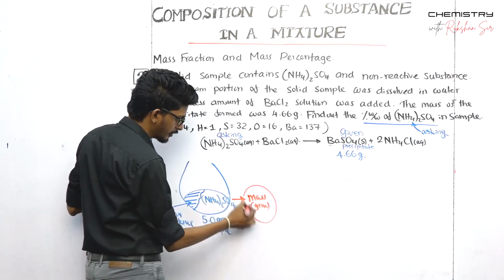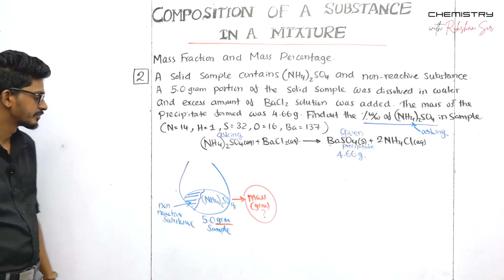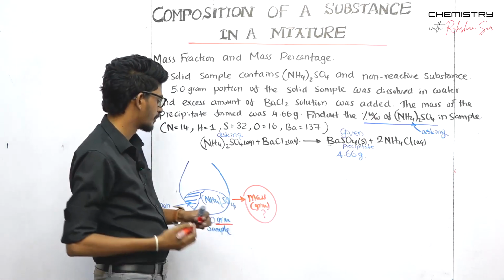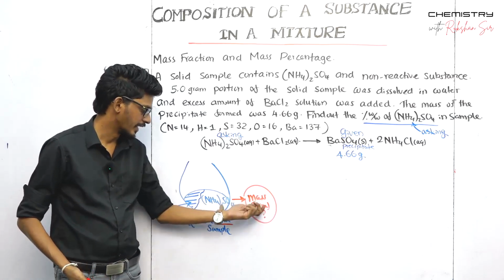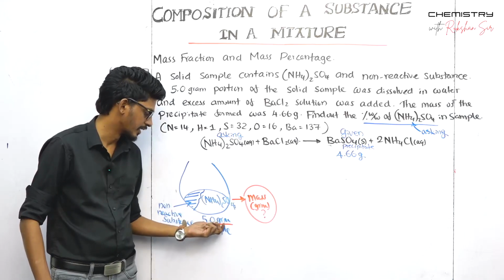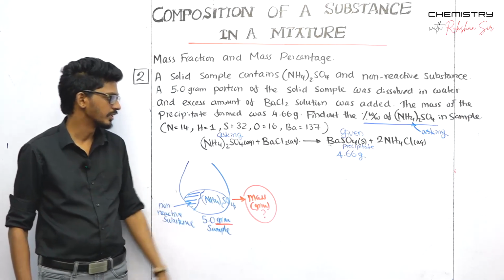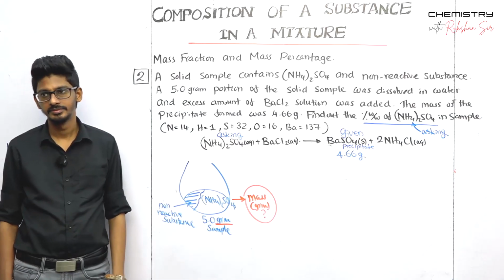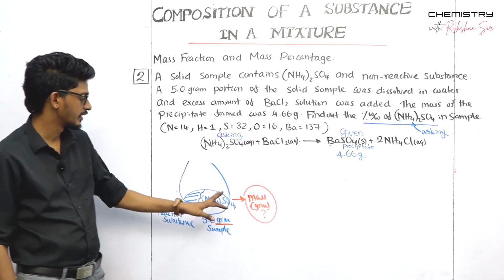The mass percentage is a unitless quantity. If we are able to come up with the mass of ammonium sulfate in grams, then we can divide it by the mass of the sample, and multiplying that with 100 will give you the answer. So that is the idea.